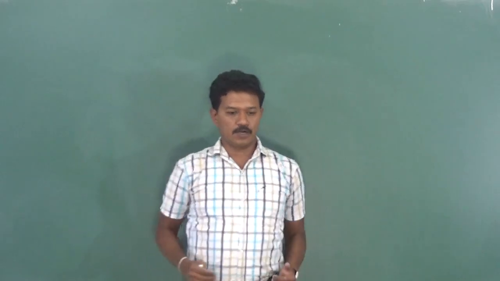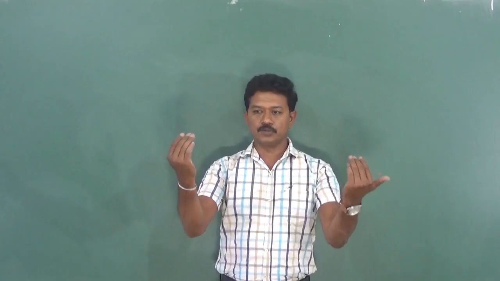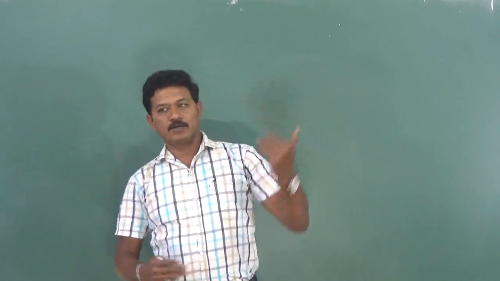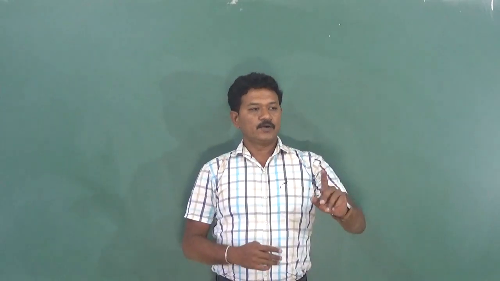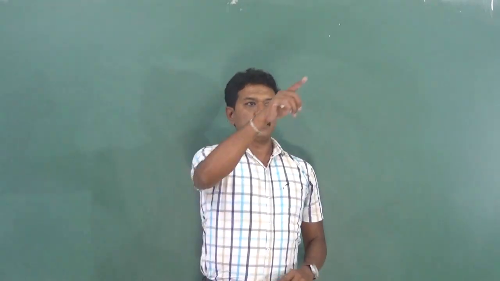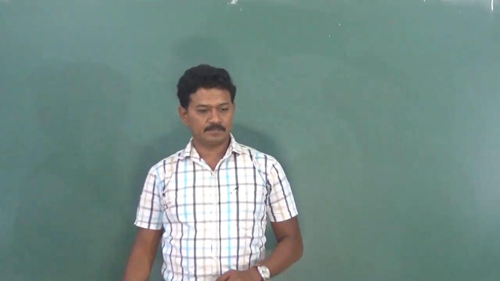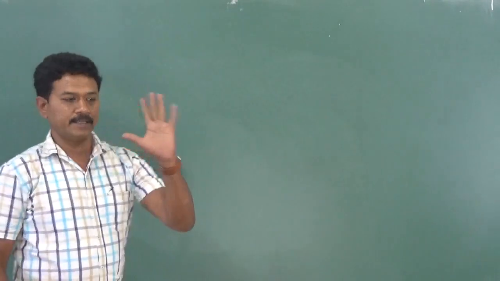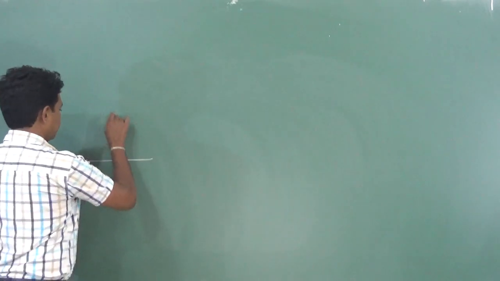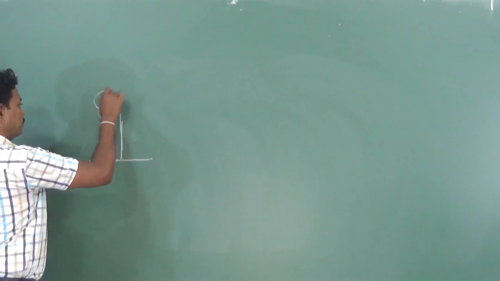Two students are called. The mathematics teacher calls his two students. You come here, go to the tree, measure the shadow of the tree. For example, this is some tree over here.